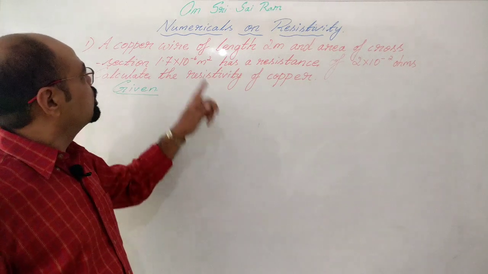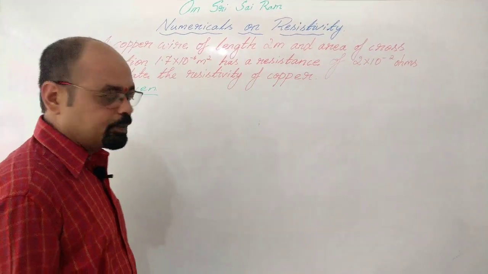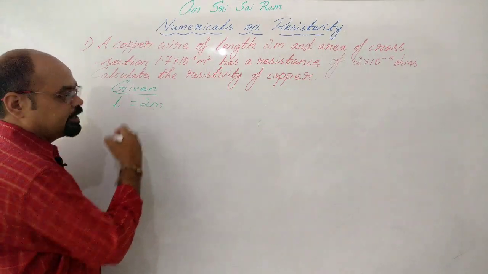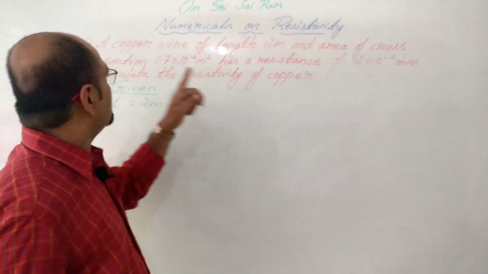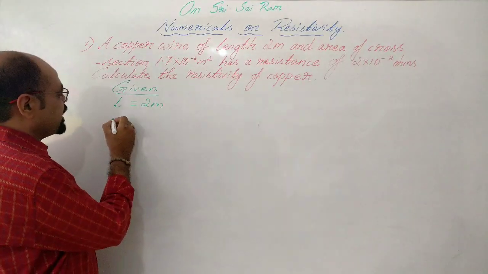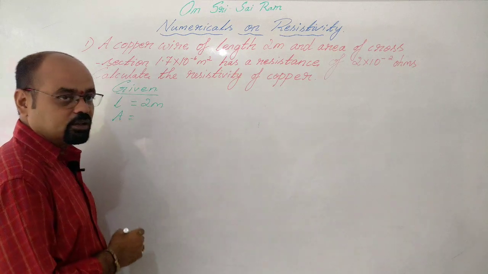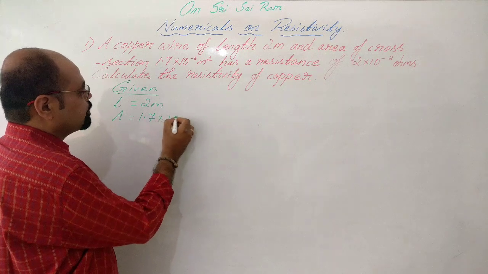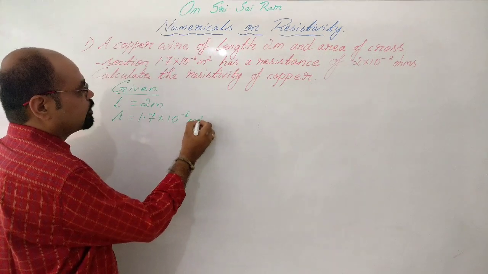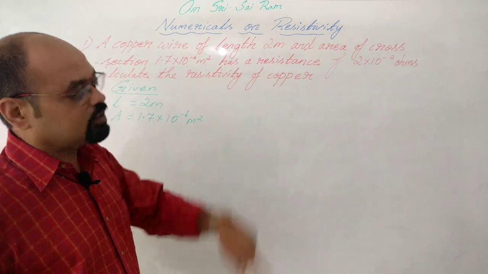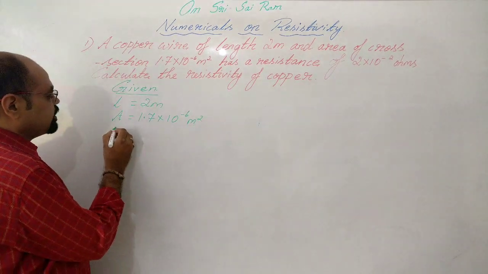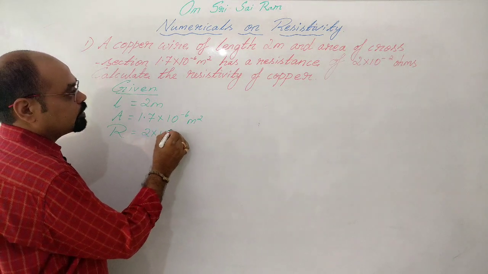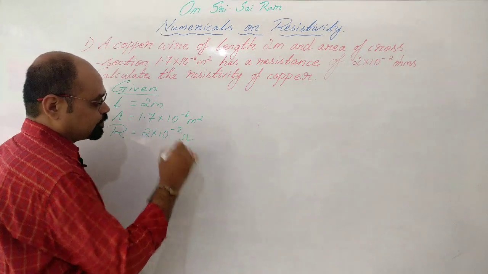The given length is 2 meters, so L = 2 meters. Then we have the area of cross section, 1.7 × 10^-6 meter square, and the resistance R = 2 × 10^-2 ohms.